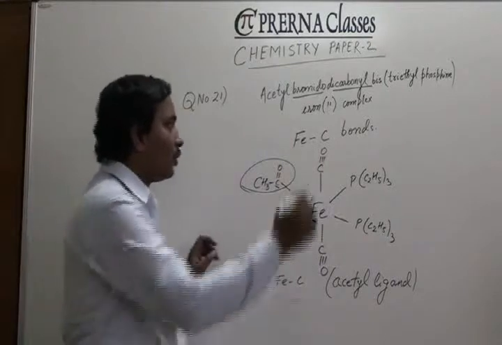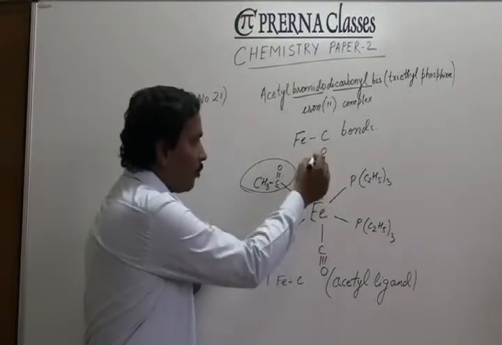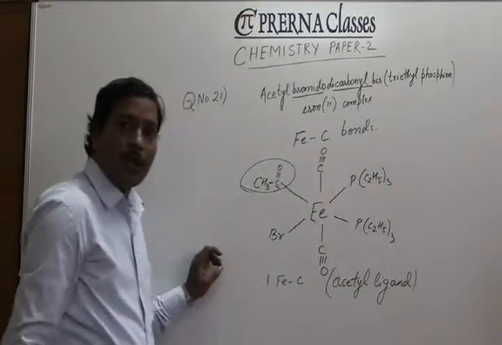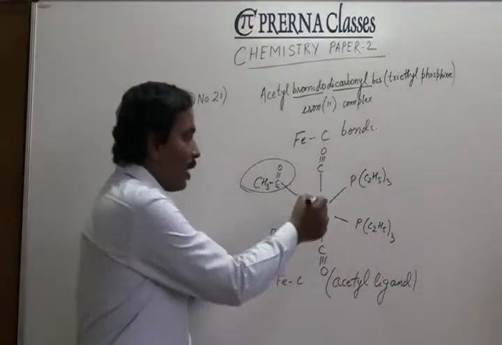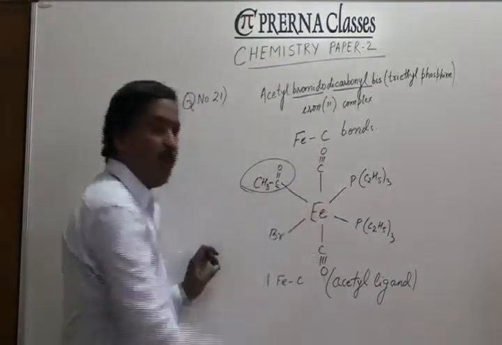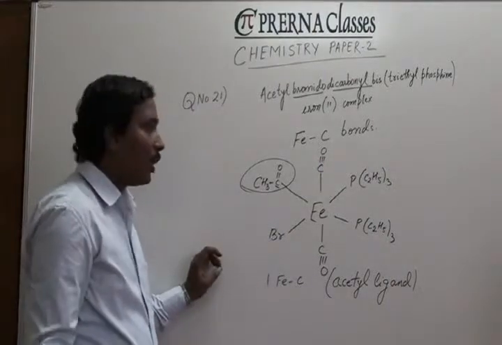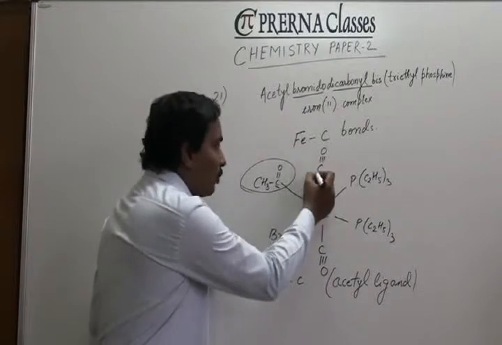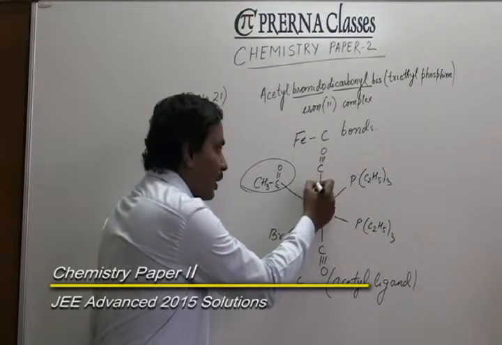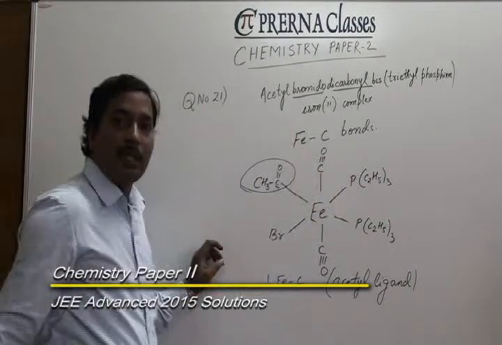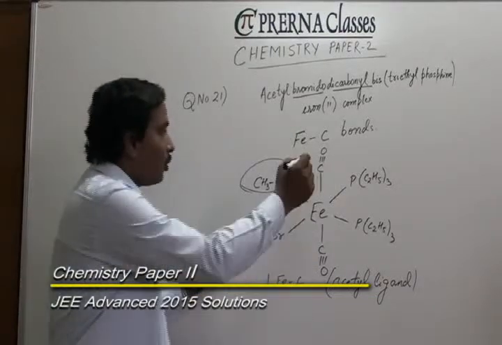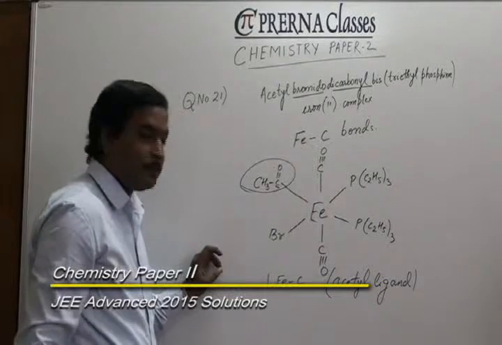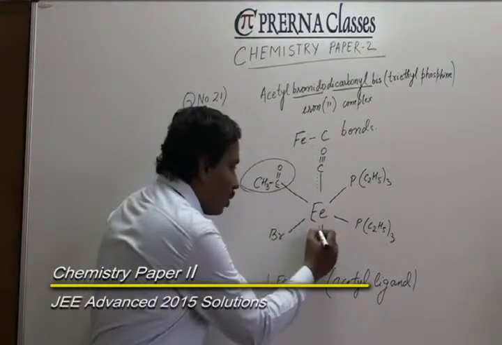It is formed due to the donation of electrons present in the bonding orbital of carbon monoxide into the d orbitals of iron. But there is one more possibility: the anti-bonding orbital of carbon monoxide can also make a back bond with the filled d orbital of iron. So two bonds are possible in one CO molecule.